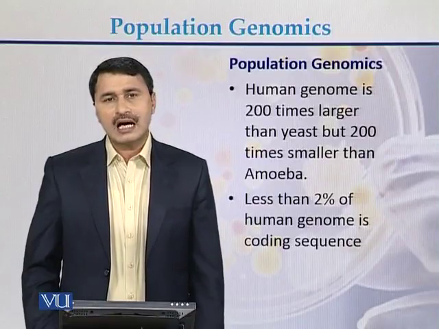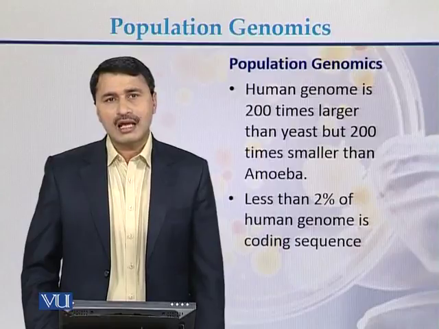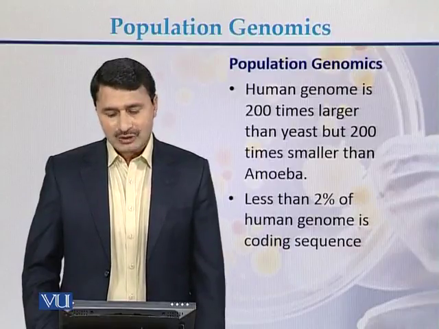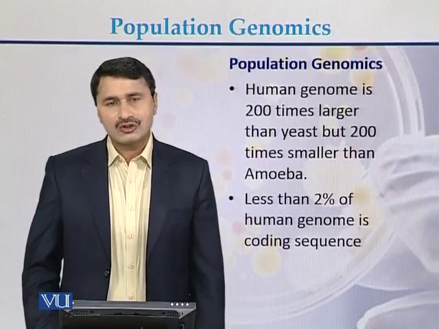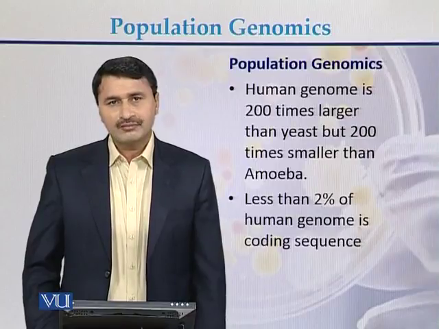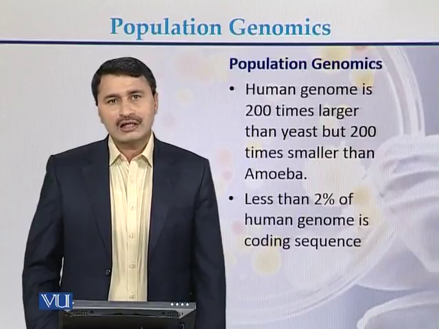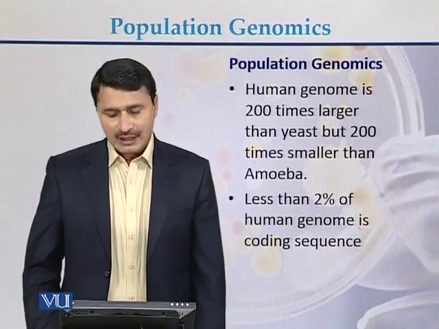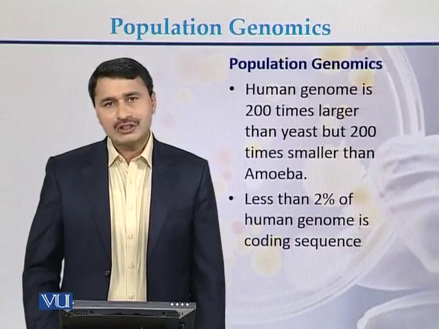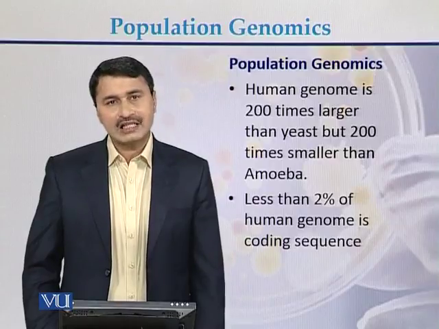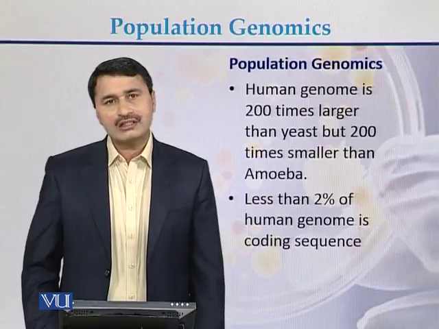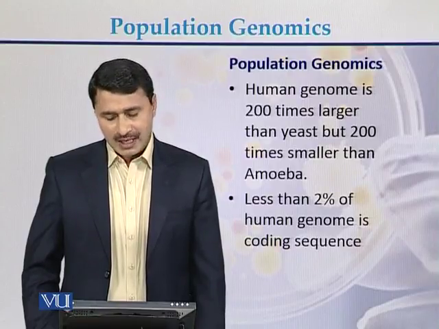Amoeba is a unicellular animal, while humans are multicellular, and yeast is also eukaryotic. So if we compare the genomes of these three, we see that the human genome is larger than the yeast, while on the other hand, it is smaller than the genome of the amoeba.